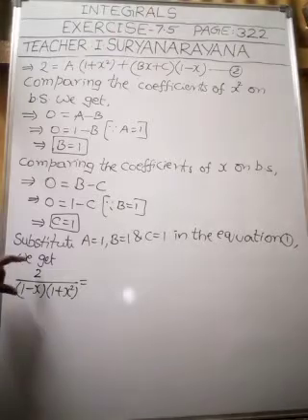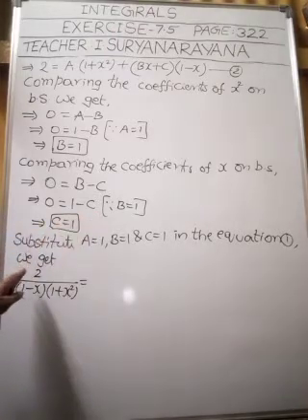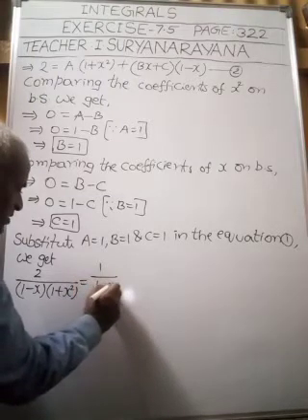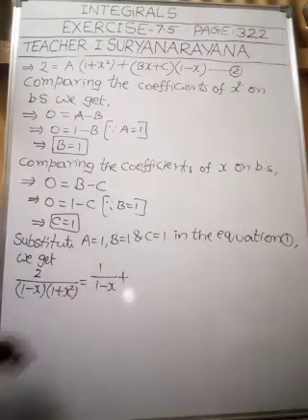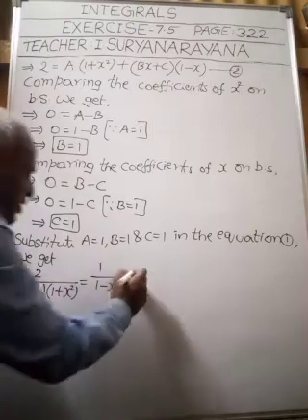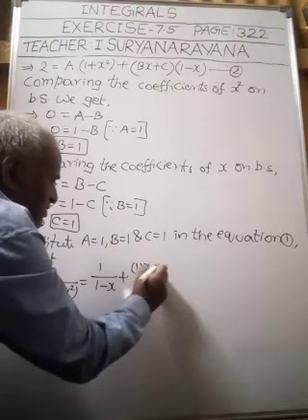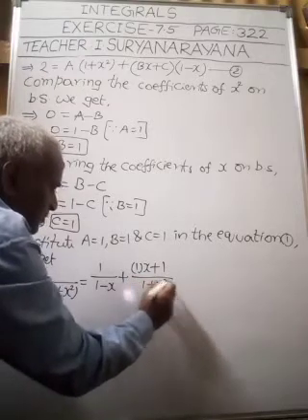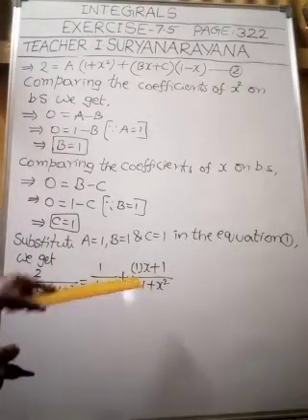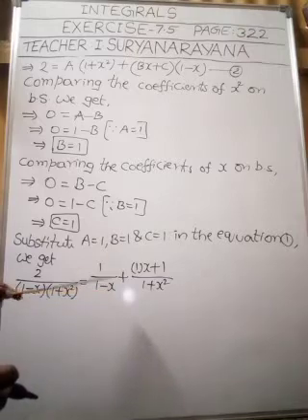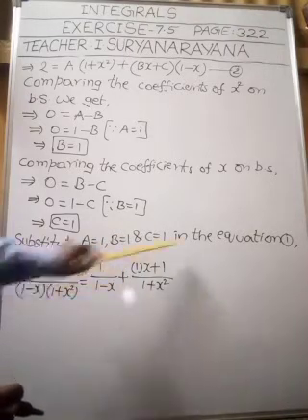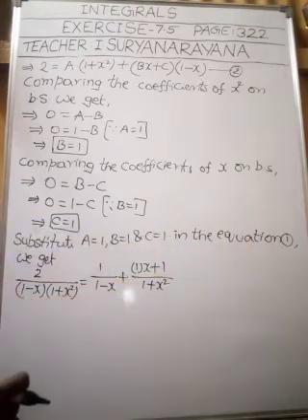This is the LHS part of equation 1. A by 1 minus x plus bx plus c, that means 1 by 1 minus x plus, b means 1, 1 into x plus c means 1, by 1 plus x square. Understood this step, my children? We substituted a, b and c equal to 1 in the equation 1, and we get this one. Okay, my children, understood? Right.